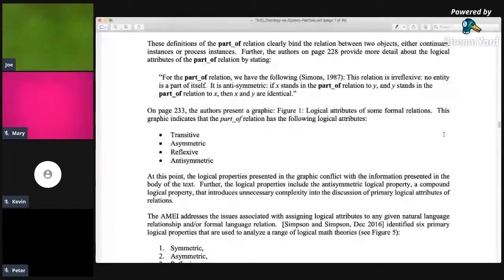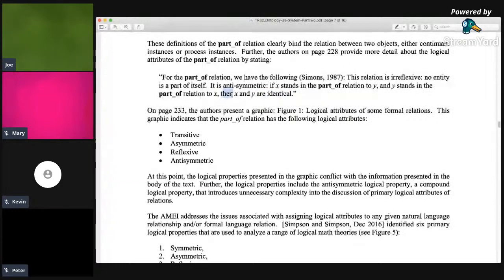But then they go on to say, well, that the part of relation, we have the following from Simon. This relation is irreflexive. No entity is a part of itself. Okay. It's anti-symmetric, that if X stands in the part of relationship to Y and Y stands in the part of relationship to X, then X and Y are identical.